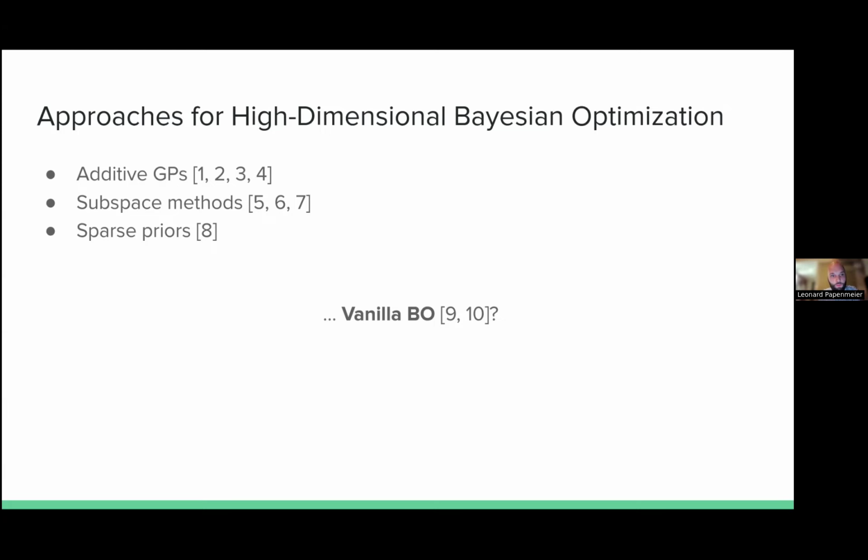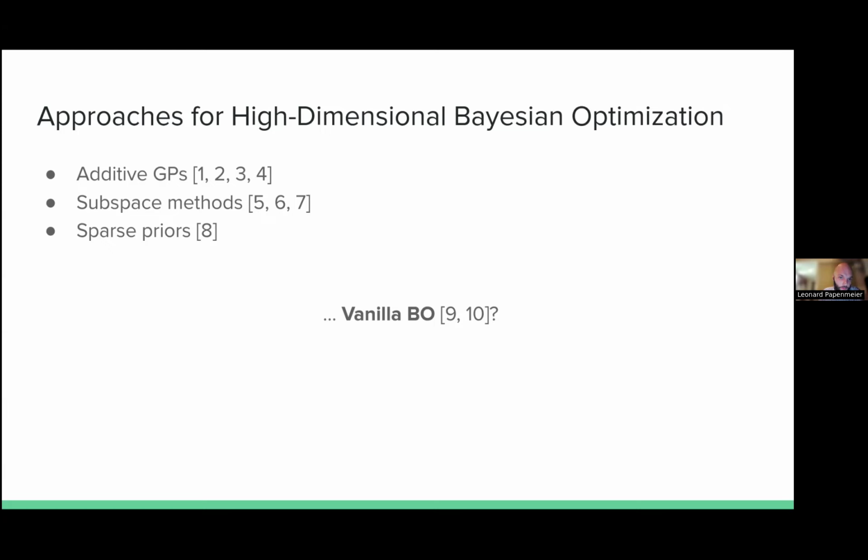And there are models that assume axis-aligned subspaces. So SAASBO, which also was featured in the AutoML series in the past, aims to automatically find the active dimensions, assuming that the problem is axis aligned. That means that some of the parameters have no effect on the function value.